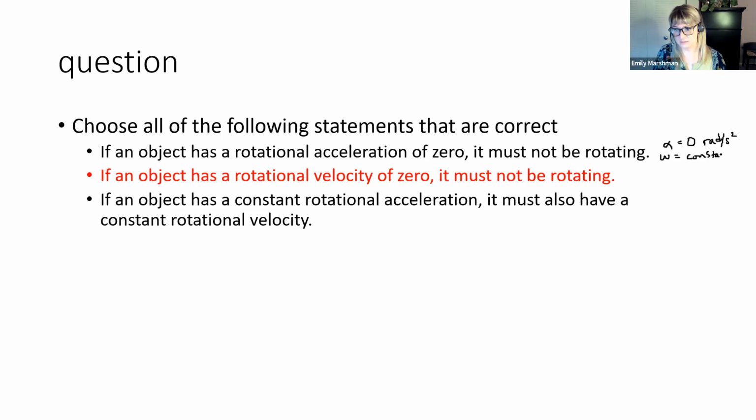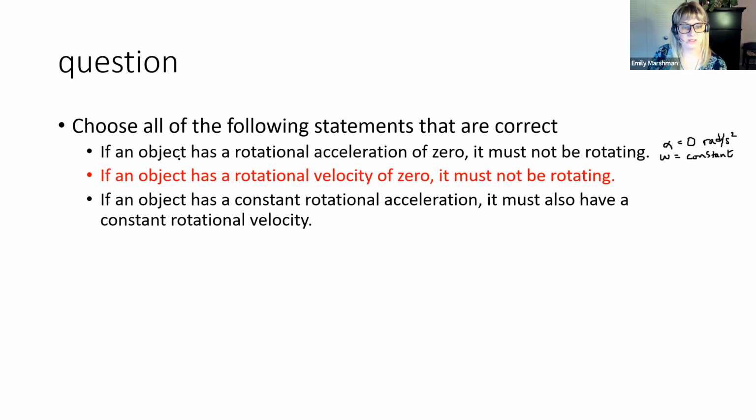It's not changing. It could be 0, or it could be a constant 10 RPM, and not changing. Could be a constant 20 RPM and not changing. But it doesn't necessarily mean that it's not rotating at all.